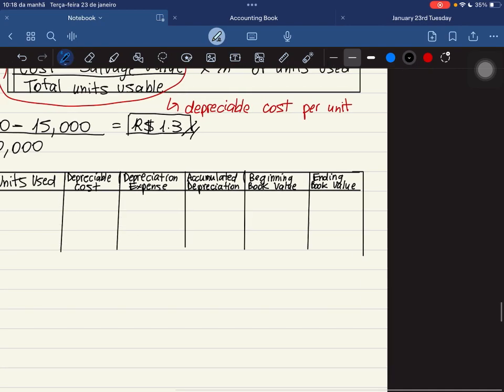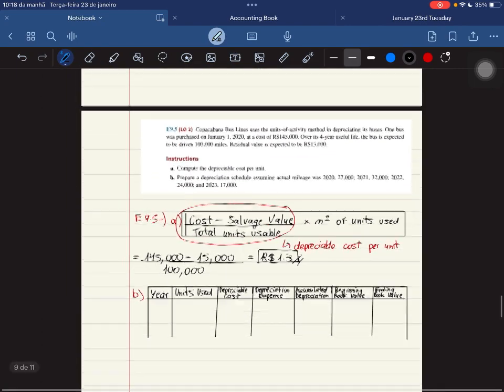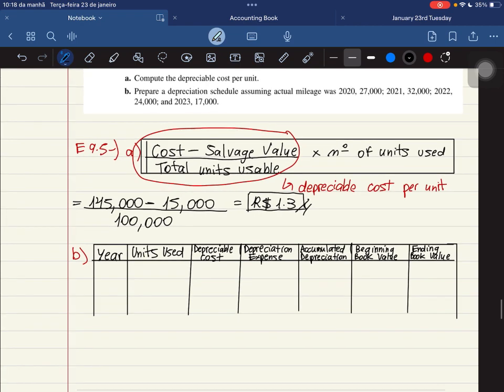Okay, all right, now the table is complete. We can just fill in the information. So the first year that we have is 2020, and we used 27,000 miles. Then on 2021 we used 32,000.